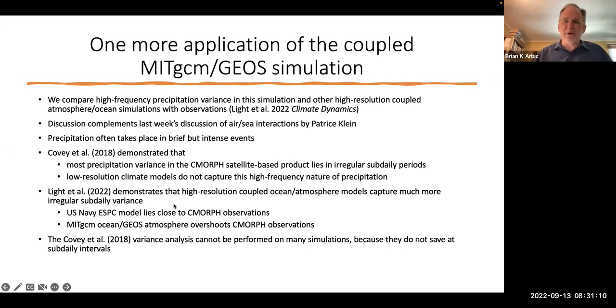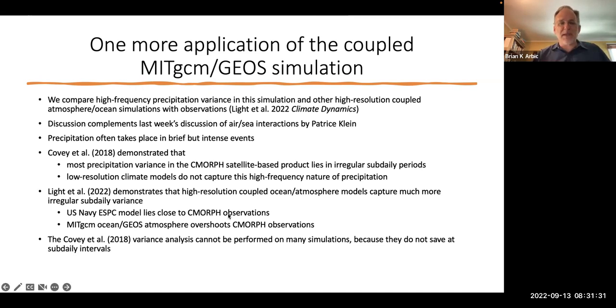We have a paper that was published earlier this year in Climate Dynamics, where we compared the high frequency precipitation variance in this simulation and other high-res coupled atmosphere ocean simulations with observations. Precipitation is certainly an important climatic and weather variable, and it's part of air-sea interactions.